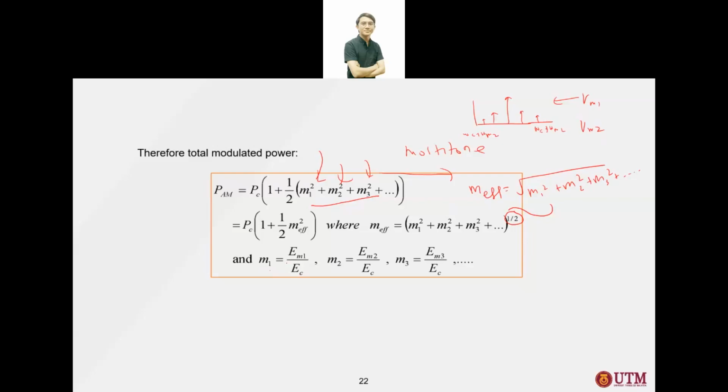Of course, like what you see, M1 is EM1 over EC, and M2 is EM2 over EC. So this is the second, and this is the first, and of course the denominator is just EC.